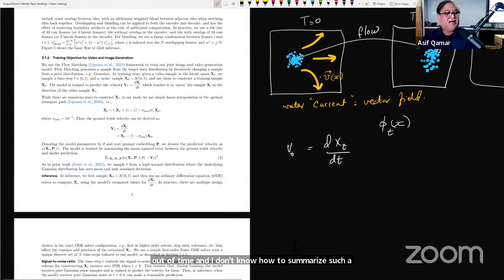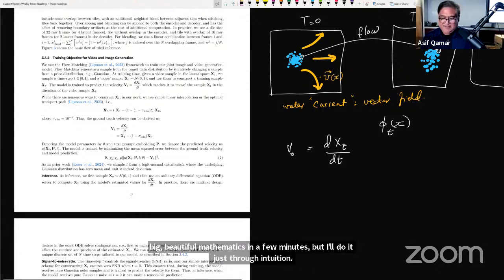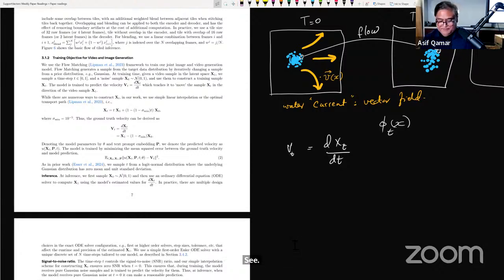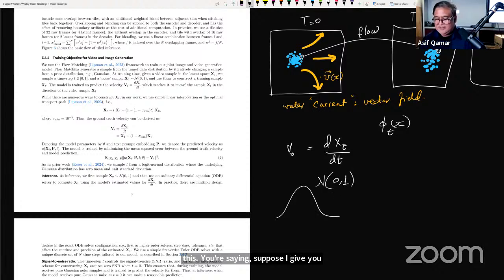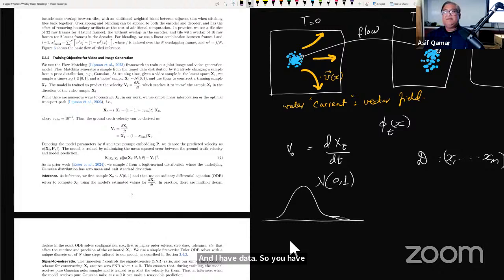What you're asking is this: suppose I give you a Gaussian distribution, right? And I have data. So you have images, X1 to Xm.